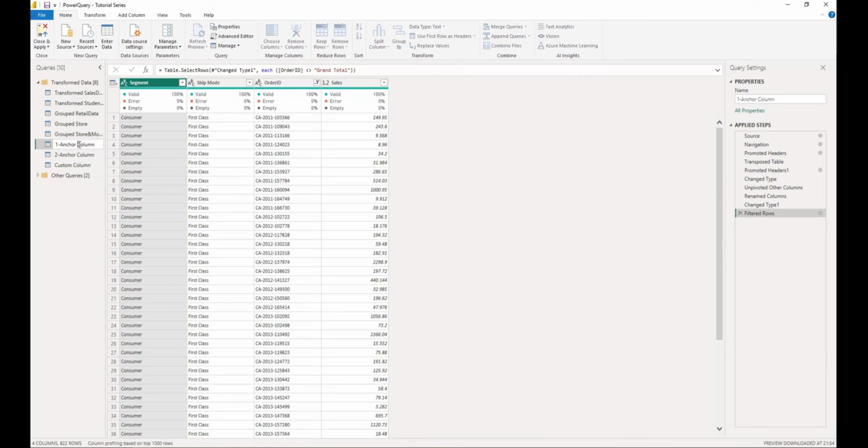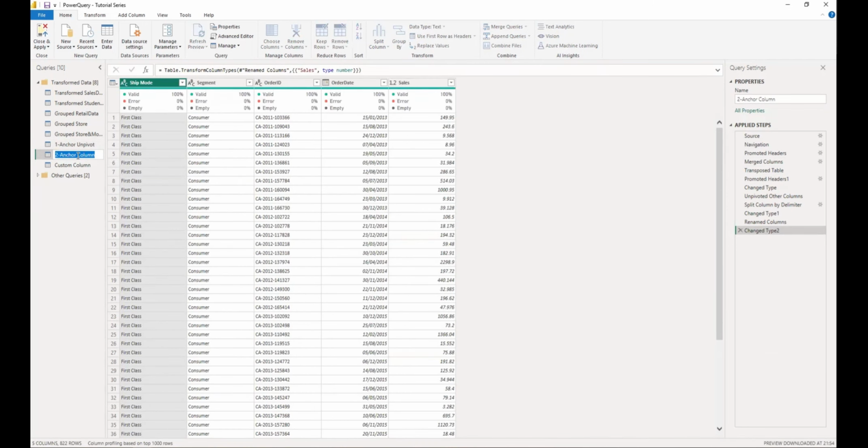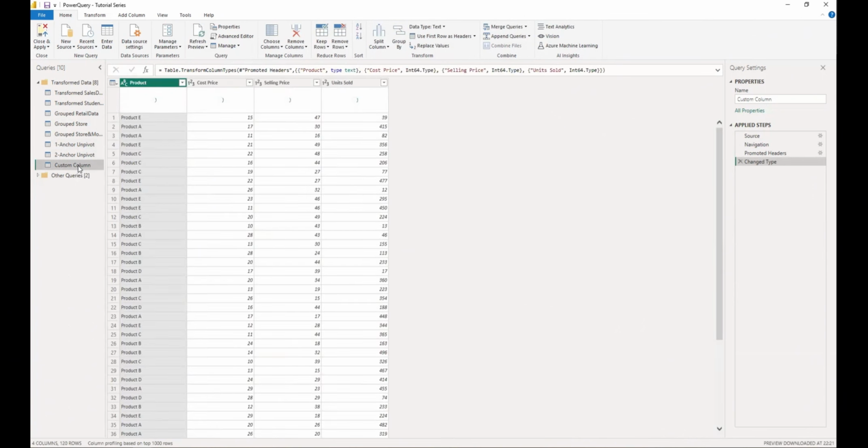Let's call it one anchor on pivots, can also call this two anchor on pivots, so that the keyword of what we did will be there. Just like we see groups and pivots, now custom column.